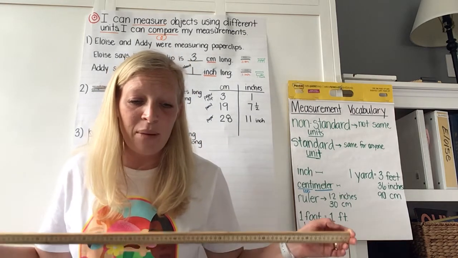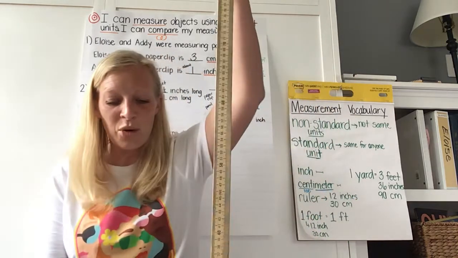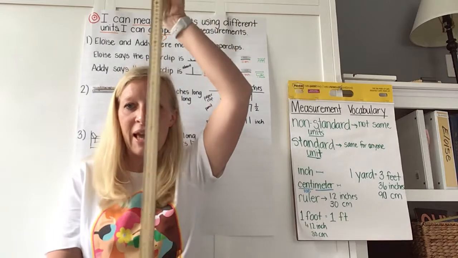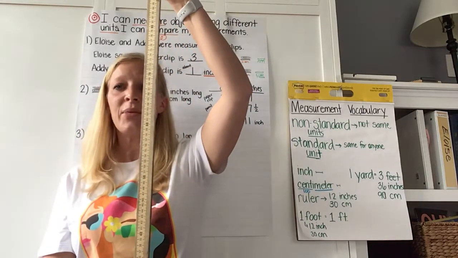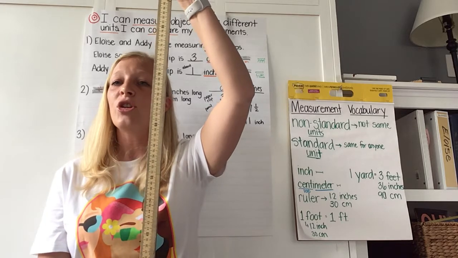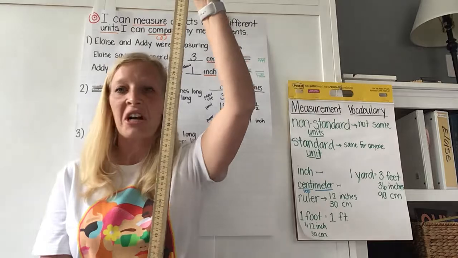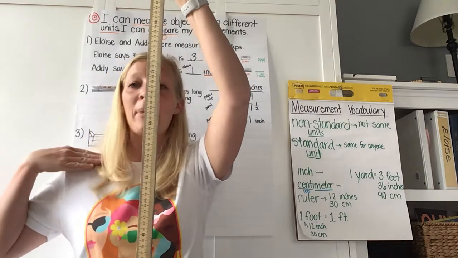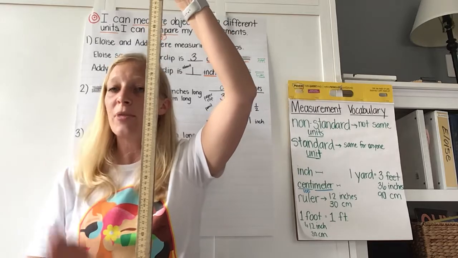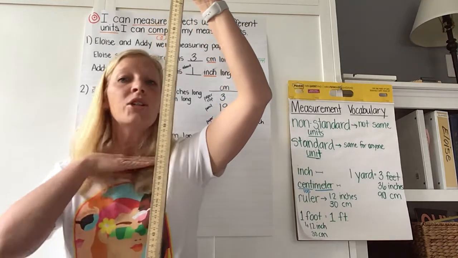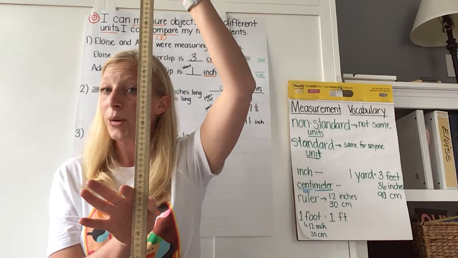A meter is about, if you were to stand tall as an average 2nd grader, it would probably go up to about your shoulders or about your neck, okay? So from your feet on the floor to about your neck is about 1 meter, okay?